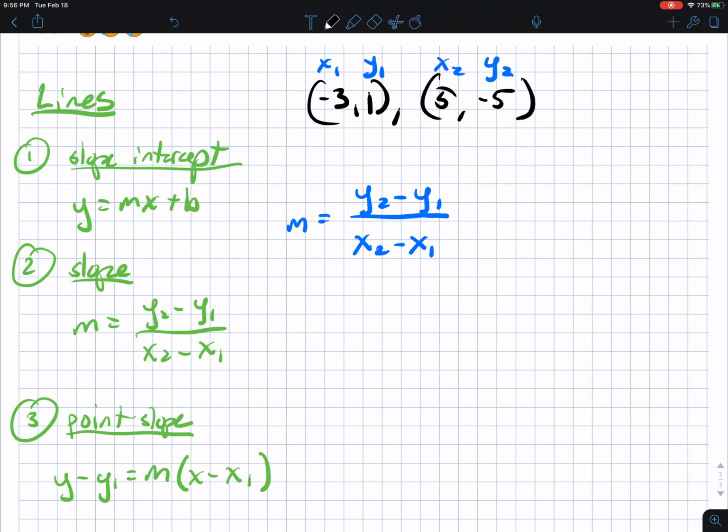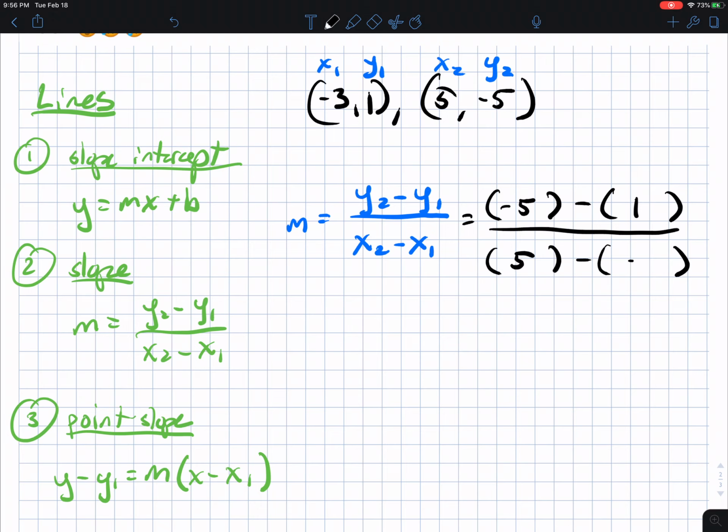So using this formula, we have y2 minus y1 over x2 minus x1. Notice I use a set of blank parentheses and put my numbers into them. The blank parentheses help us keep track of our negatives, right? Our y2 is -5, our y1 is 1, our x2 is 5, and our x1 is -3.